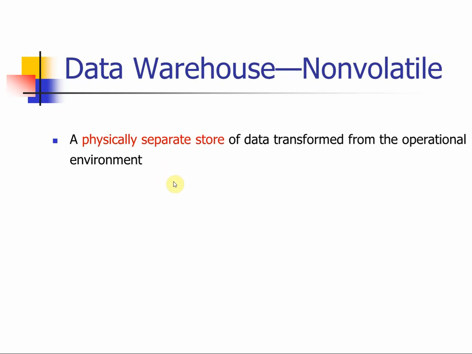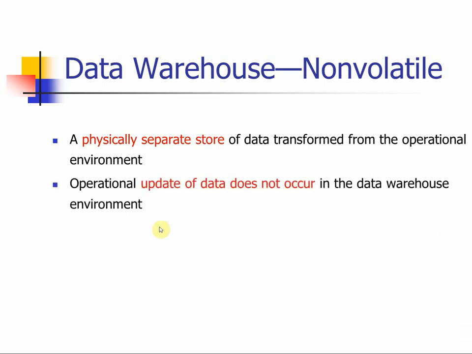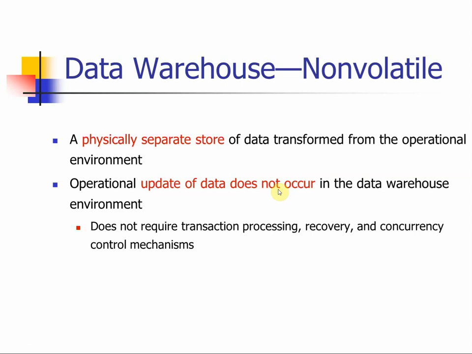So a lot of things can happen over here. Operational update of data does not occur in a data warehouse, so we don't update it. Once we store, clean, and integrate everything and store it in the data warehouse, it stays there forever. So it does not require transaction processing, recovery, or concurrency control mechanisms.